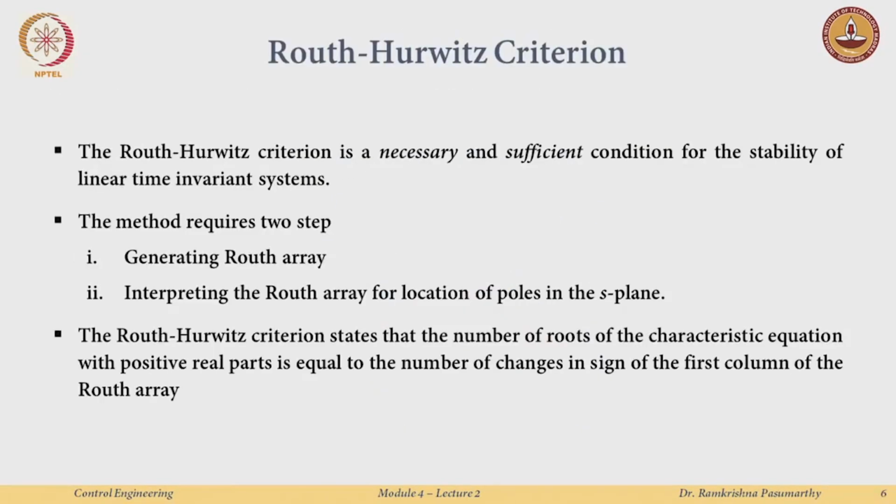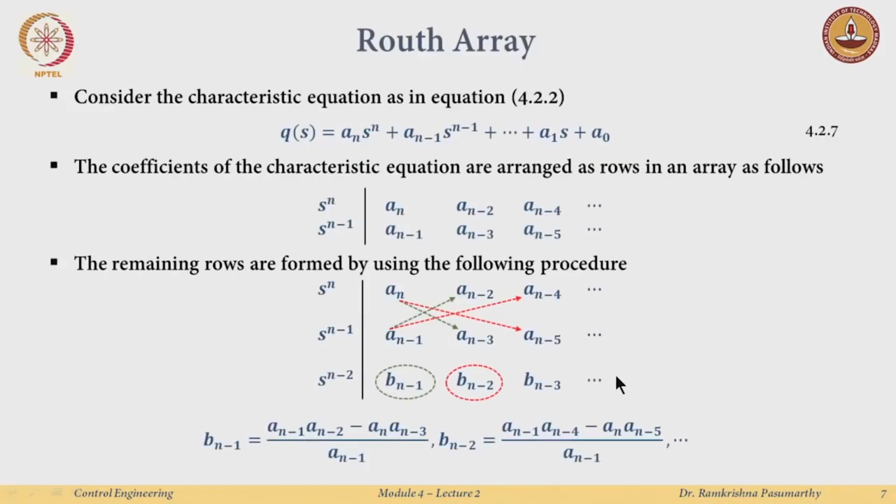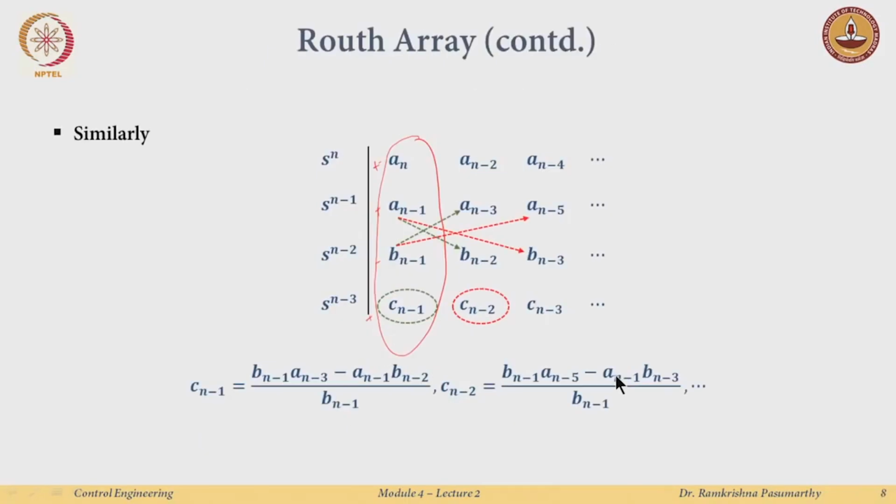Again, the statement is that the number of roots of the characteristic equation with positive real parts is equal to the number of sign changes in the first column. It will not tell you the exact locations, but it will tell you a first test: is my system stable or not, are all the roots of the characteristic equation on the left half plane or not, and if they are on the right half plane, how many are on the right half plane.